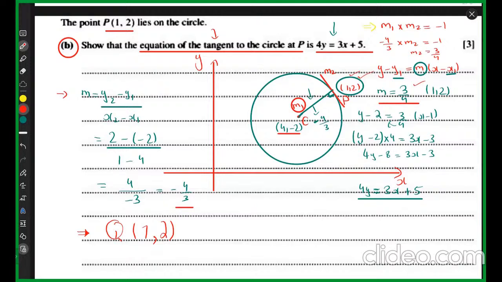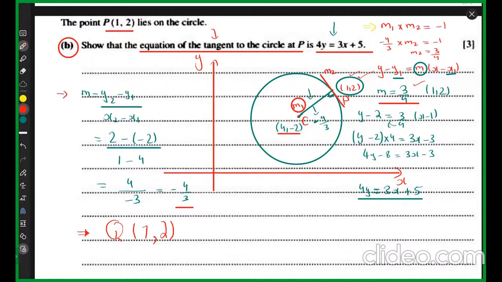Yes, anyone who's done? You can tell me the answer directly if anyone is done. And it's completely fine if your answer is different. Yes, yes. 3y is equal to minus 4x plus 4. Sorry, say it again. 3y is equal to minus 4x plus 4.